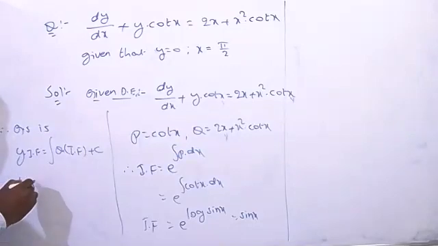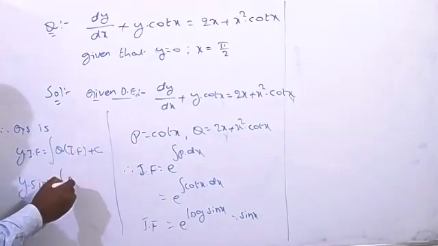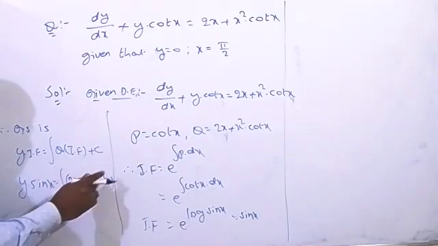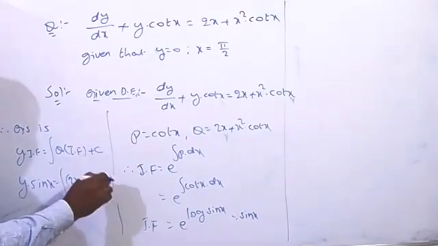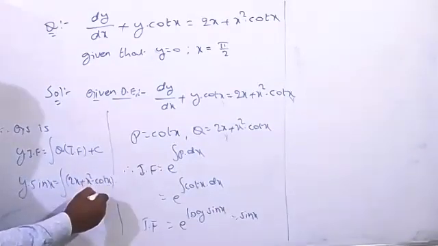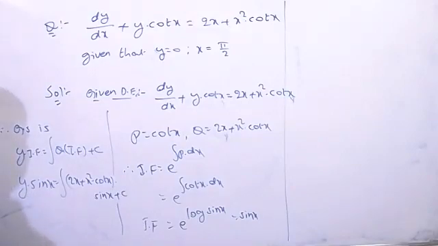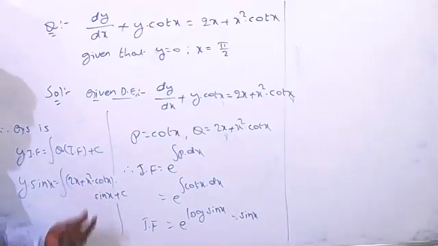So y into sin x is equal to integration of q, that is 2x plus x square into cot x, into sin x, plus c. Now follow the same procedure. First find the integration of this, then you can do that.